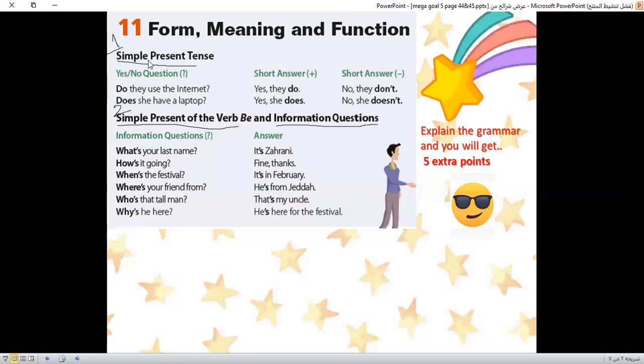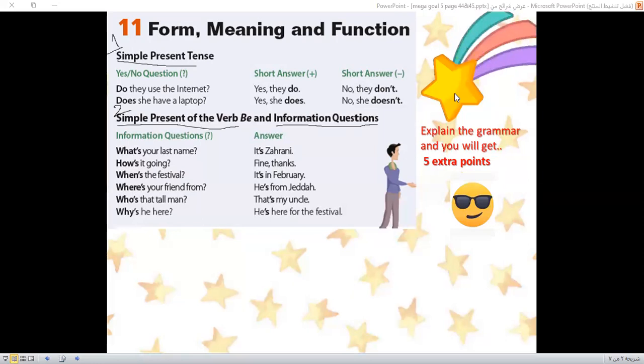So how can I use the present simple in this type of question? Yes, we use do or does. Do if it's you, we, they, or I. So we answer also with they, yes, they do, or no, they don't. Very good. But if you want to ask for he, she, or it, we use does, and we answer also with does. Very good. Done? Yes. Thank you so much.